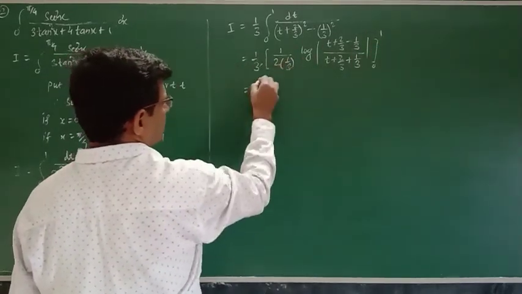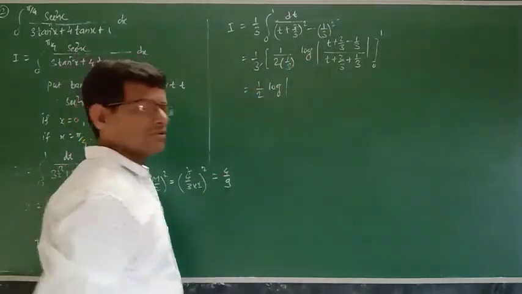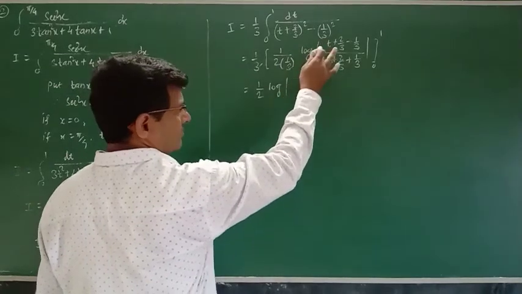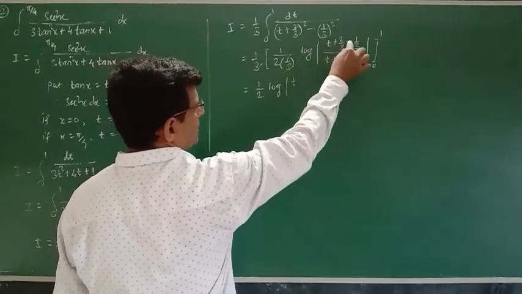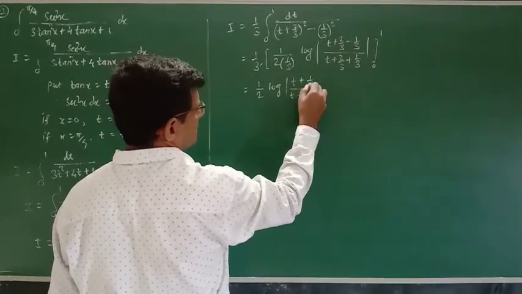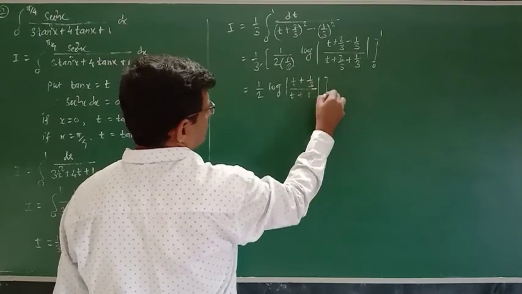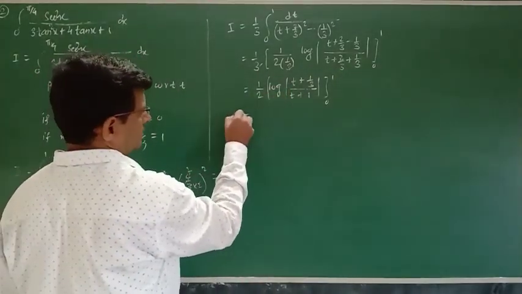So its value is 1 half log of modulus. First I simplify the terms: 2 by 3 minus 1 by 3 is 1 by 3, upon t plus 3 by 3, which is 1. So put the limits 0 to 1.